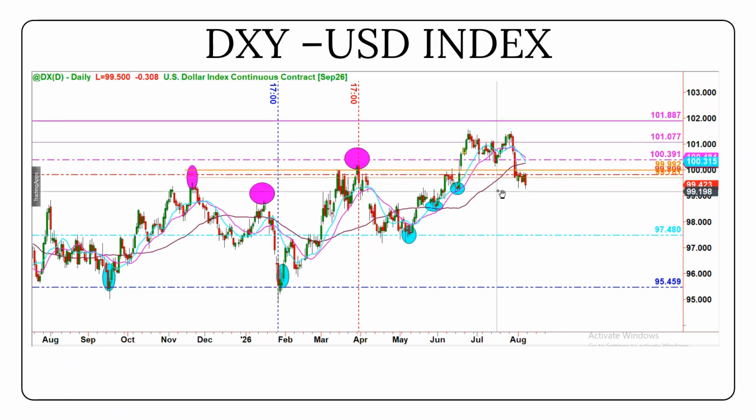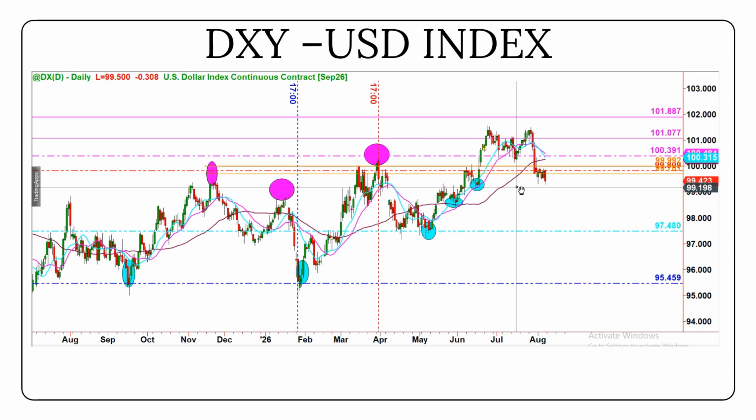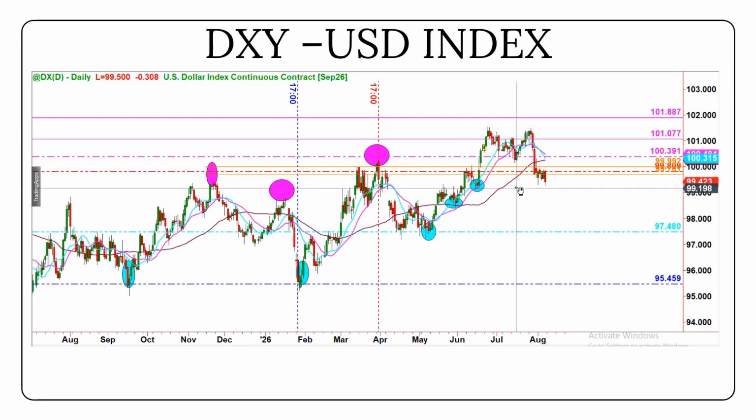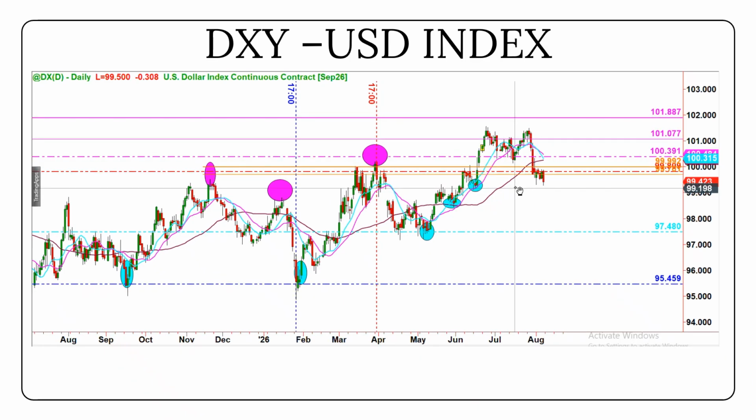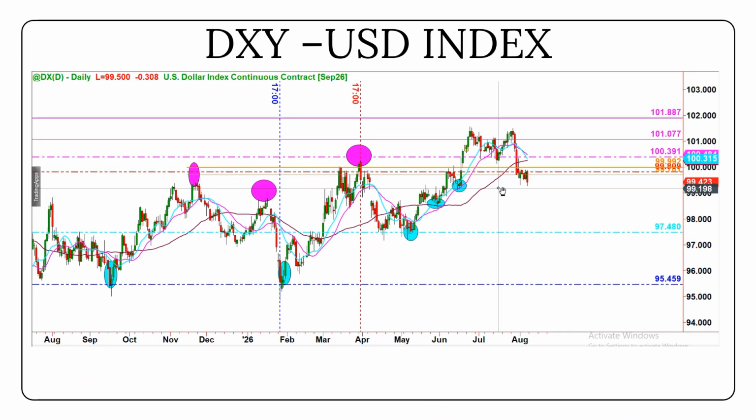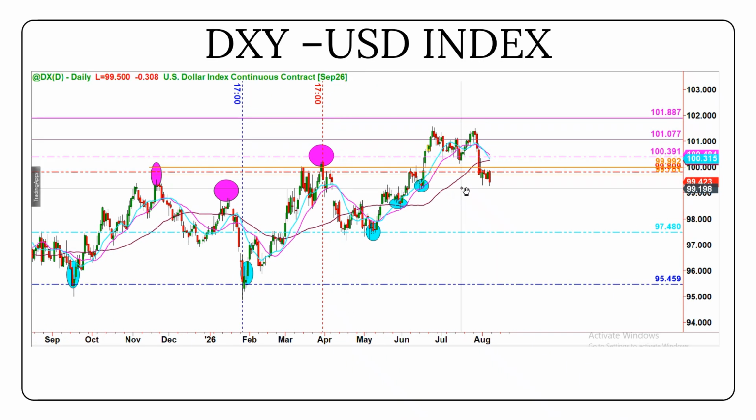And because of the events of last week, there seems to be an improvement in the conditions in the Middle East, and that has led to this red candle on Friday, which has taken out all the gains from the previous days.